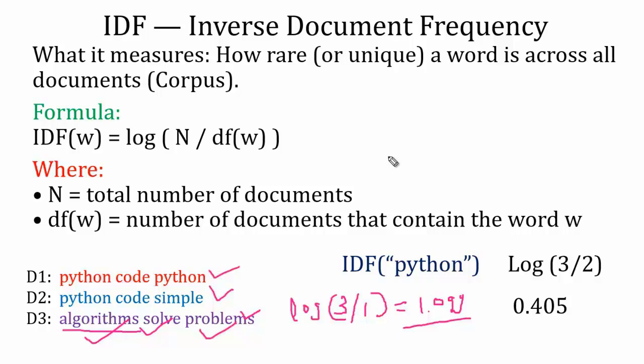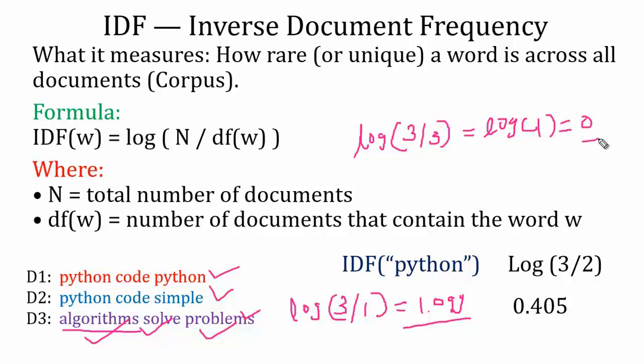So IDF of Python will become log of 3 divided by 3, which is equal to log 1, and is equal to 0. As I said, if a word appears in all the documents, IDF becomes 0. That means it is not useful for identifying that specific document.